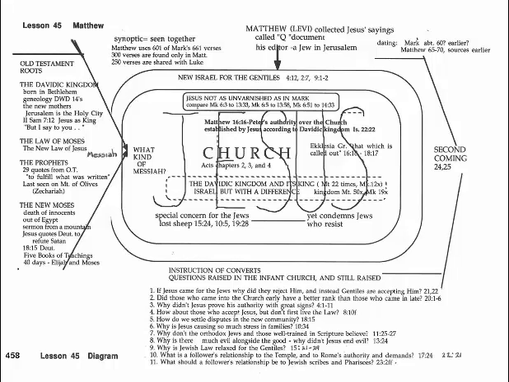And there were a number of questions raised by the converts in this infant church, and they are still raised. Let's look at these 11 down here on your diagram. These are the questions that Matthew tries and succeeds mostly in explaining.